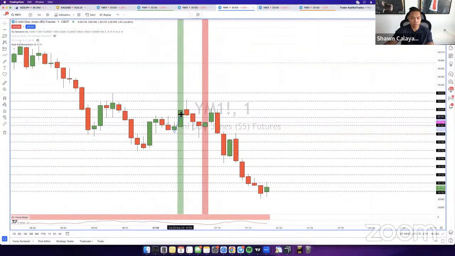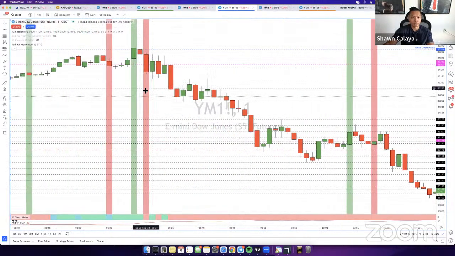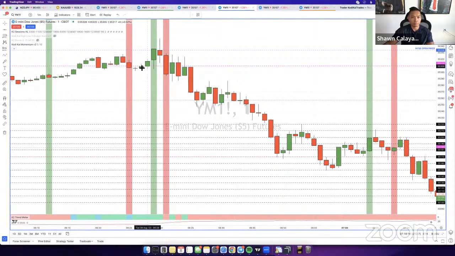Price pushed up right here, it retraced down with the sell signal, came back up, and then it came right back down. So the same pattern that I just showed you guys can be seen here, and these momentum signals are pretty much giving you the pattern. It happened again right here, right? Same thing again, price pushed up with the buy signal, retrace.